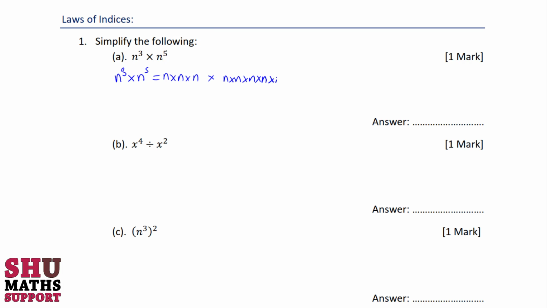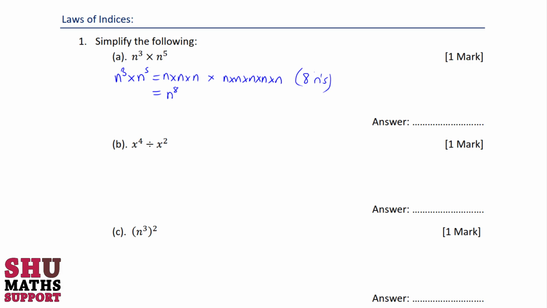So we have 5 n's there. That means we have 8 n's all times together, which means we have n to the power of 8, as we have n times by itself 8 times. So n to the power of 8 is the answer.